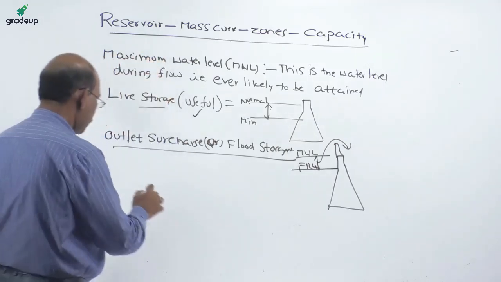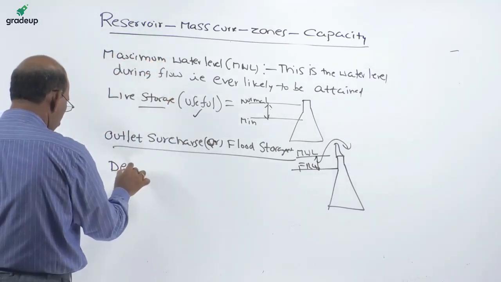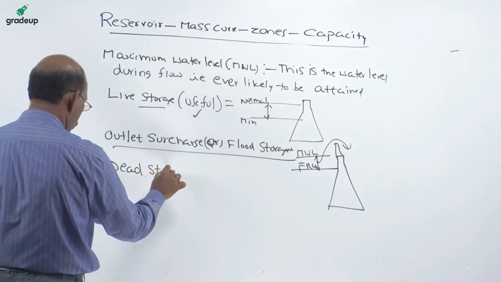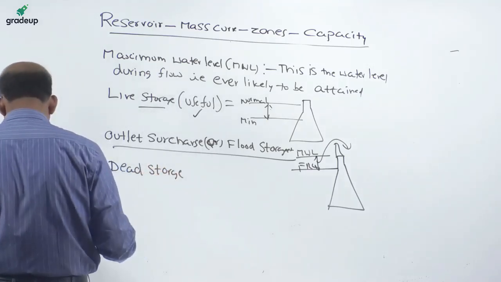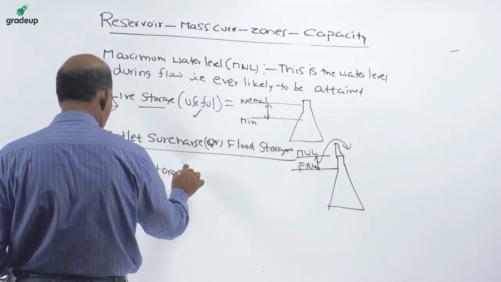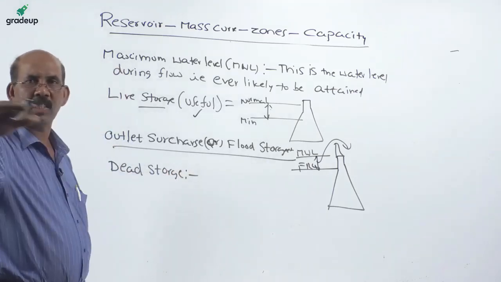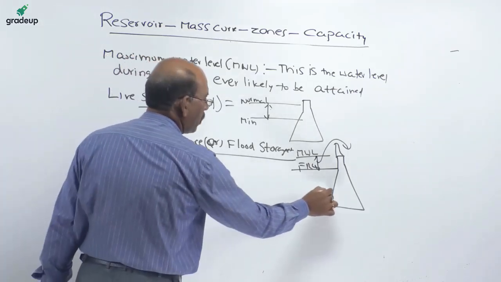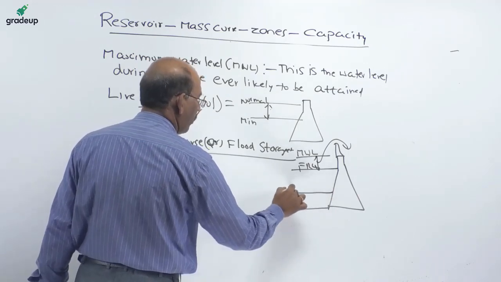The last one is dead storage. Coming to the dead storage, this is the space below the minimum water level.